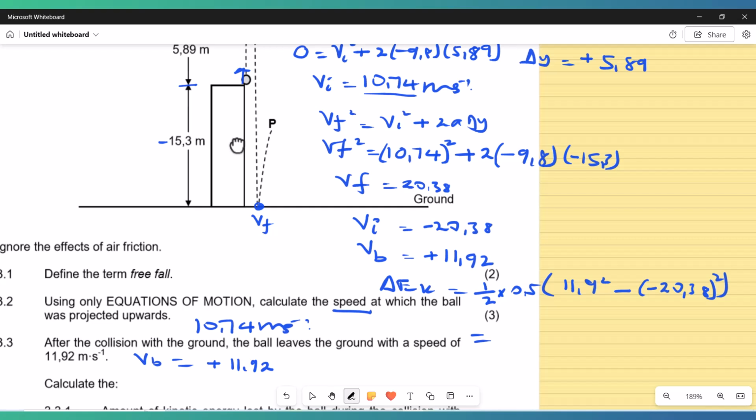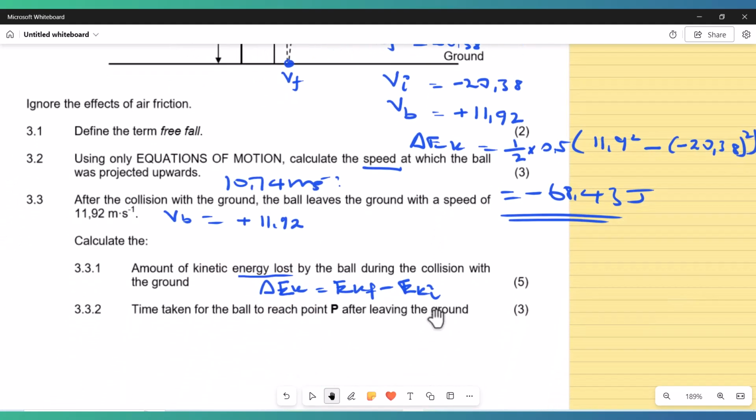I get negative 68,43 joules. Now that's my energy which is lost. Why is it lost? It's negative. How was it lost? By the sound made and the heat as the ball struck the ground. Hope we are together. Next question here.